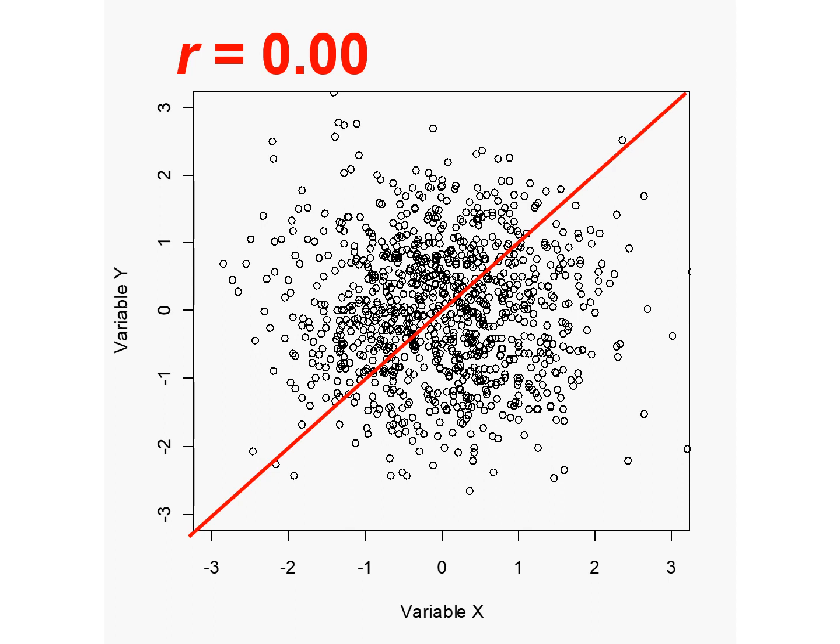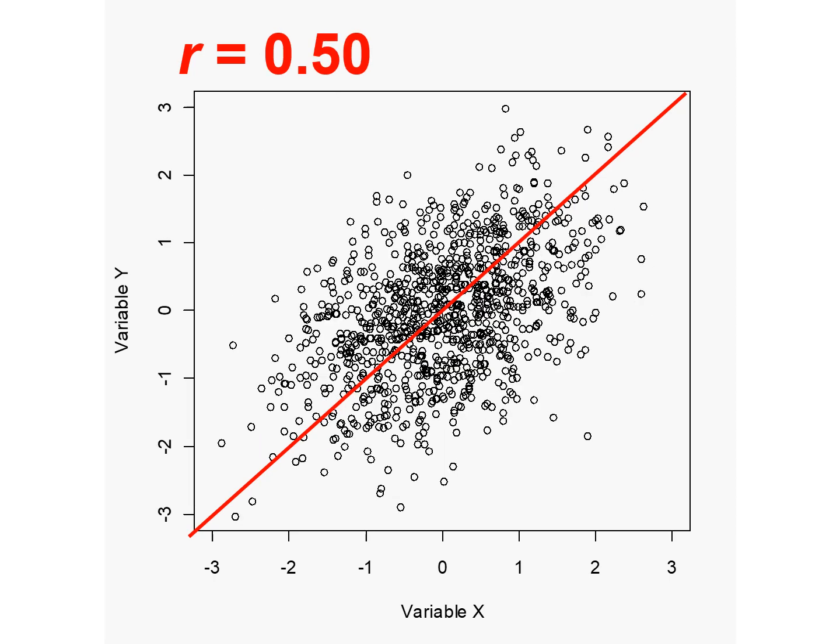The points in the scatter plot are not close to the C equal line. The relationship between X and Y is so extremely weak, it's actually non-existent. In this scatter plot, the correlation is 0.50. Notice that the points in the scatter plot have moved closer to the line. The relationship between X and Y is stronger in this scatter plot than when the correlation was 0.